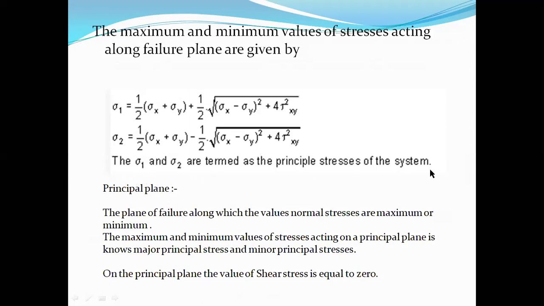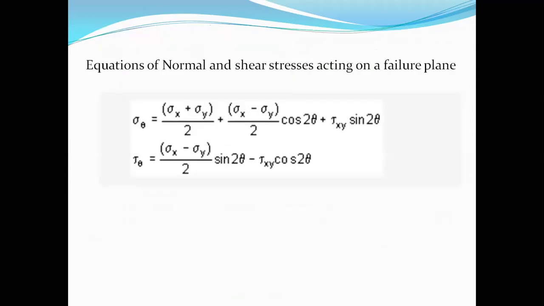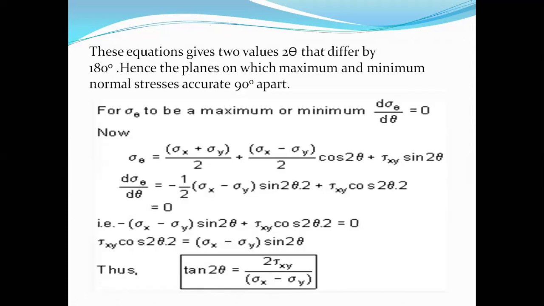So far, from this we could find the value of the failure plane. Since we found the normal stresses and shear stresses acting on a plane which makes an angle theta with the vertical, sigma theta and tau theta, we then found the angle made by the plane in which the normal stress is either maximum or minimum.